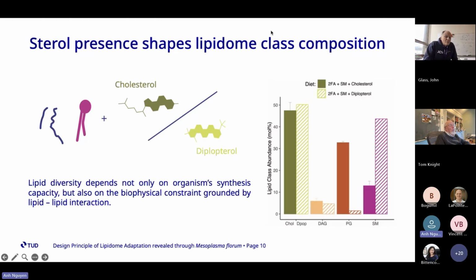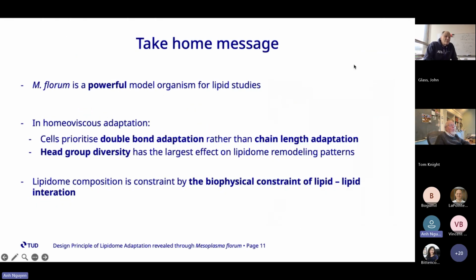So our new hypothesis is that lipidome head group diversity has to be accounted for in the context of the biophysical constraint grounded in lipid-lipid interaction. So with that, the take-home message from my talk is that florum is a powerful model organism for lipid studies, and with this organism we have already uncovered a few patterns for homeoviscous adaptation.